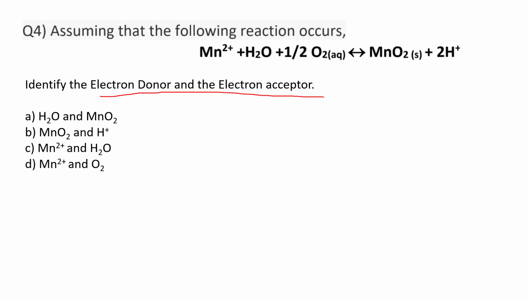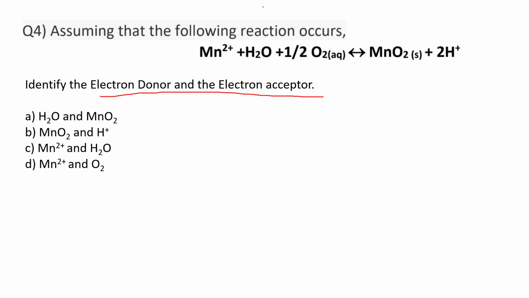Electron donors are the compounds which give out electrons, so they are oxidized. And electron acceptors are the compounds which accept electrons, so they are reduced. So in this system, which of them are donating the electron, which of them are accepting the electron?